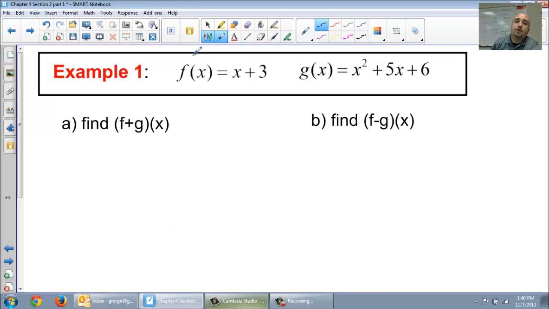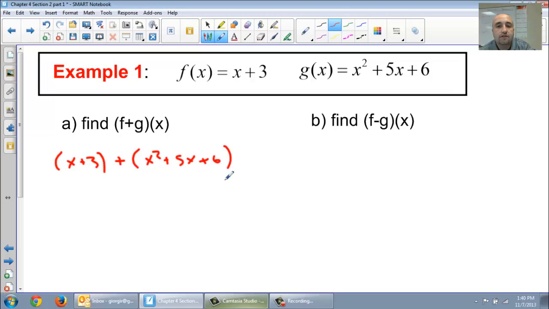Okay, we're going to do this example here. It says f of x equals x plus 3. G of x is x squared plus 5x plus 6. And the first problem they want us to do is add f plus g of x. So we're going to add x plus 3 to x squared plus 5x plus 6. So x plus 3 plus x squared plus 5x plus 6.